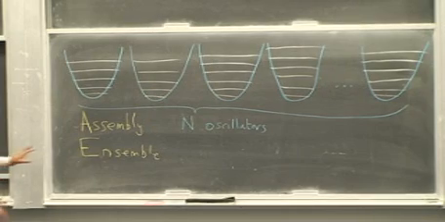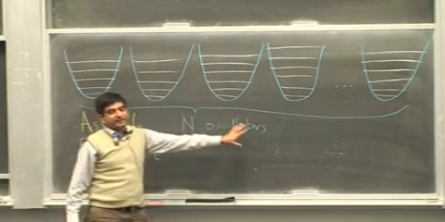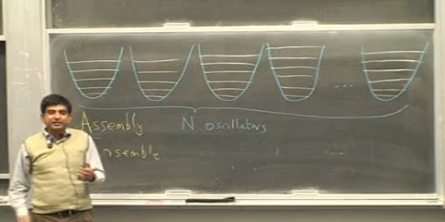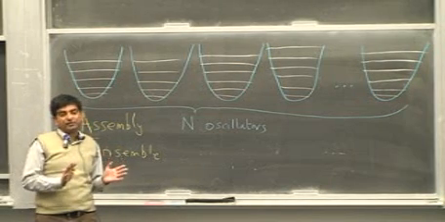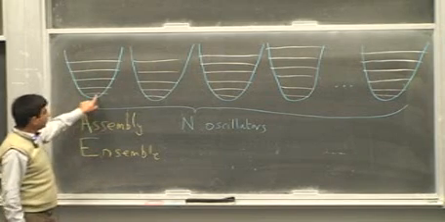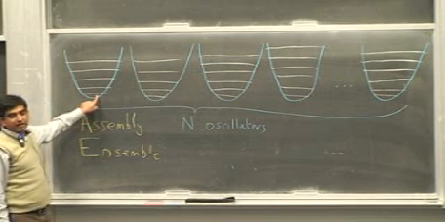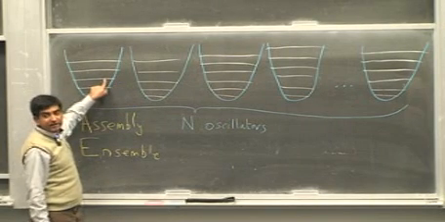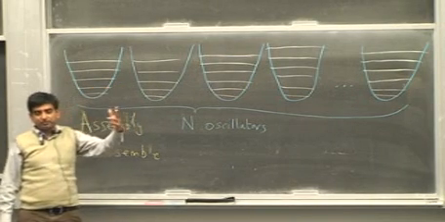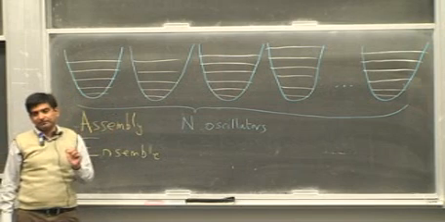Now on average, if there are n oscillators, there will be a certain fraction of oscillators in which E0 will be populated, a certain fraction in which E1 will be populated, a certain fraction in which E2 will be populated, and so on.